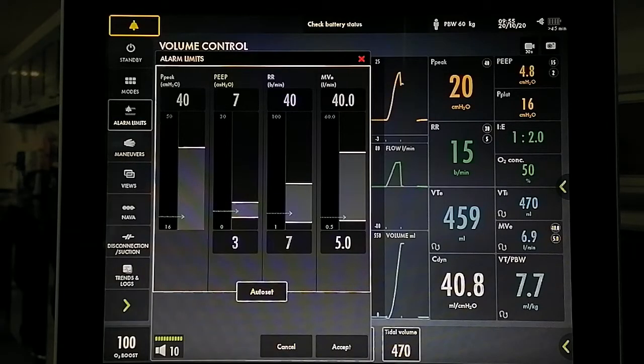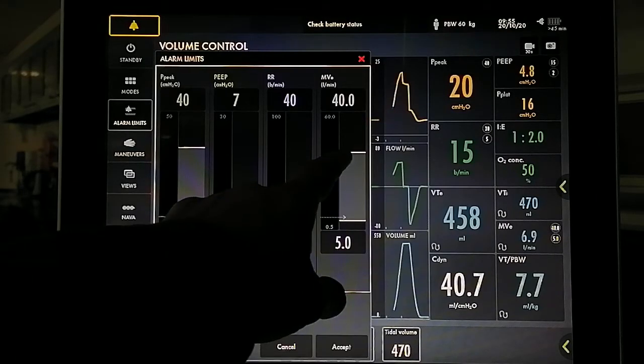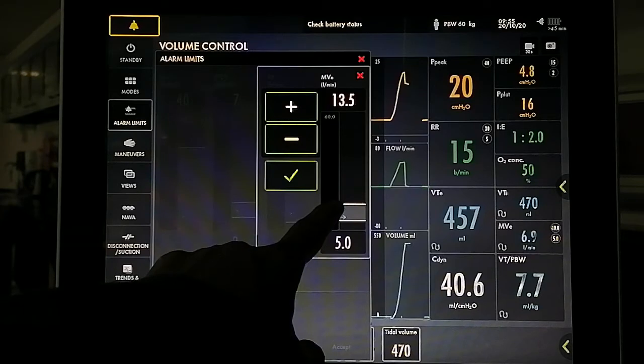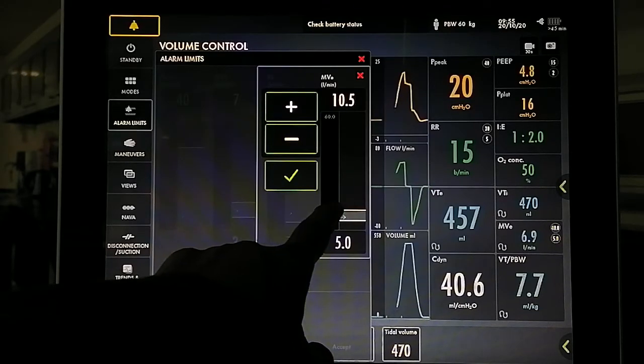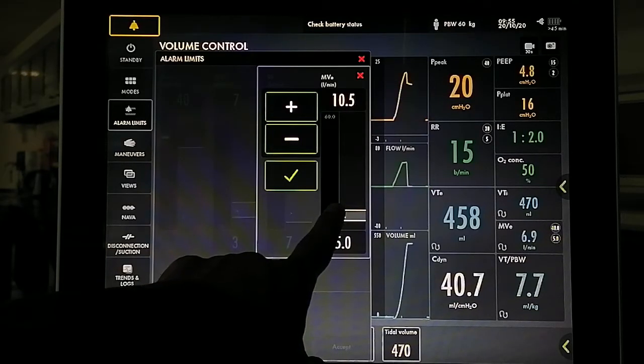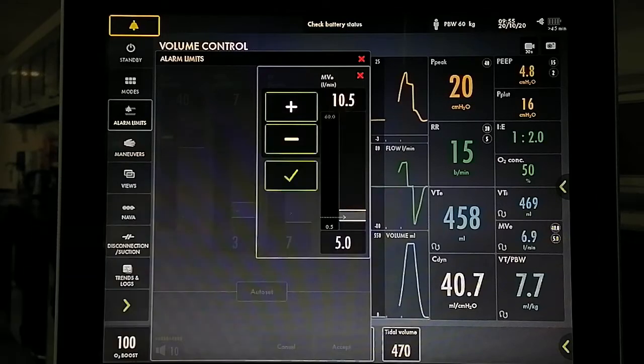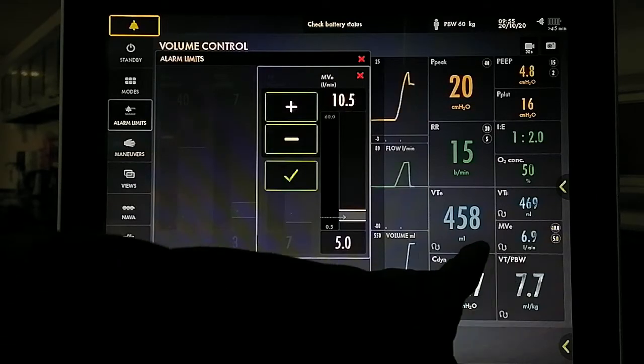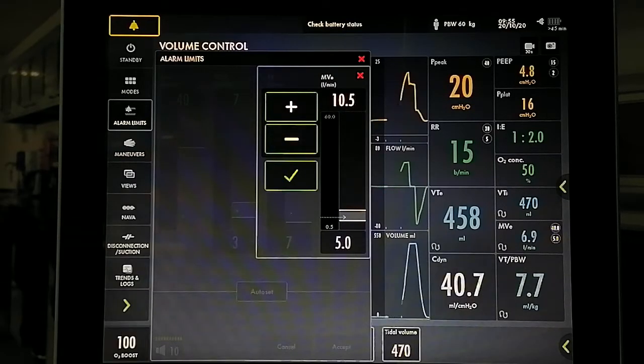And then of course your minute volume alarm. For the high minute volume alarm, you usually add around 2 liters above your observed minute volume, which in this case is 6.9.